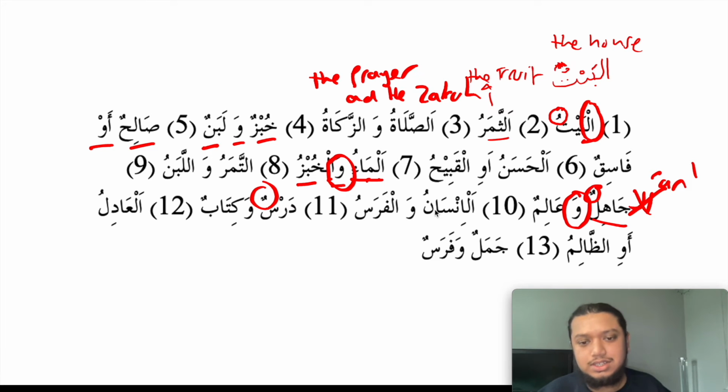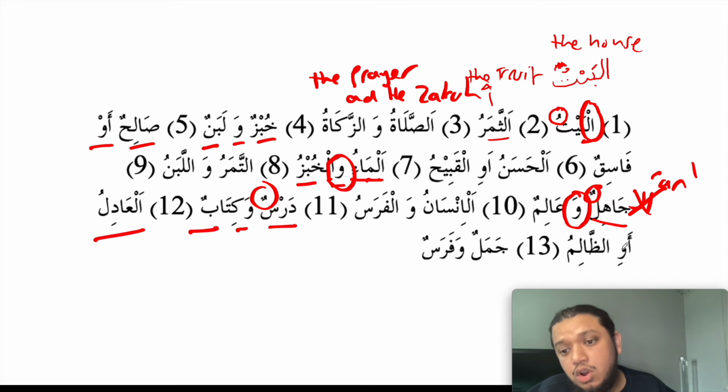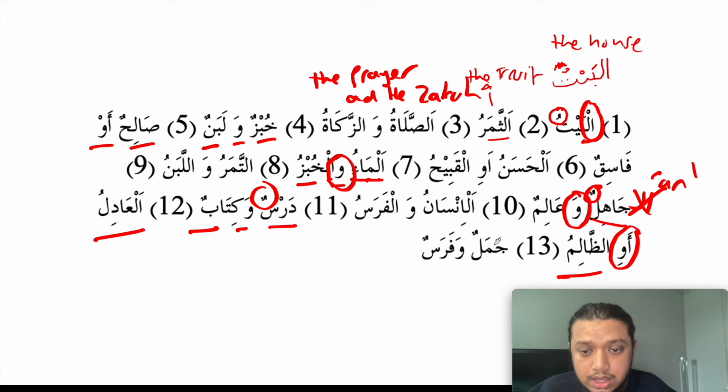So in English, it's translated as man and horse, but you can also translate it as the man and the horse. That's perfectly fine. Darsun wa kitabun, a lesson and a book. Al-adilu aw az-zalimu, the just person or the oppressor. Jamalun wa farasun, Jamal is a camel, so camel and horse.